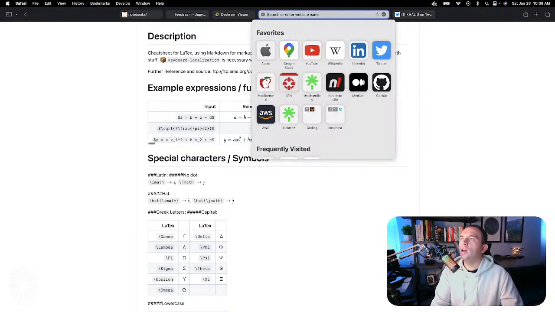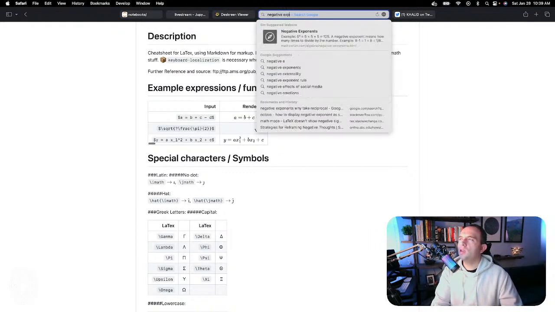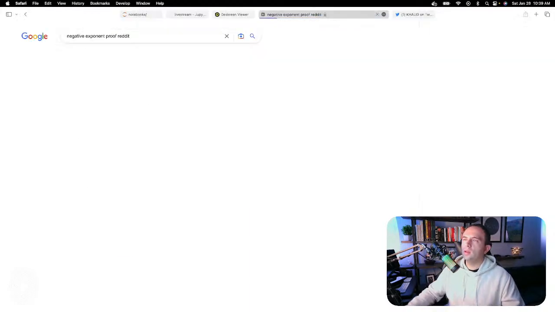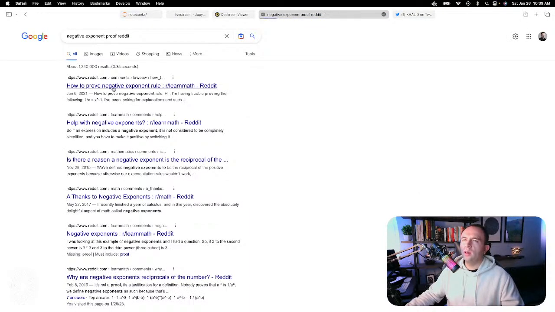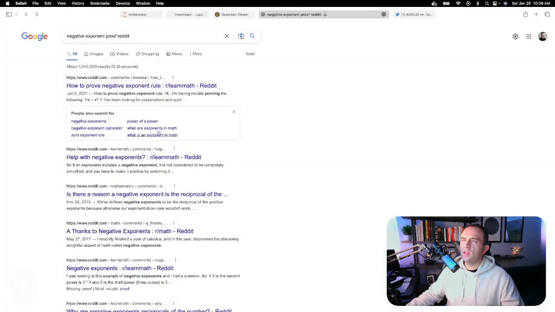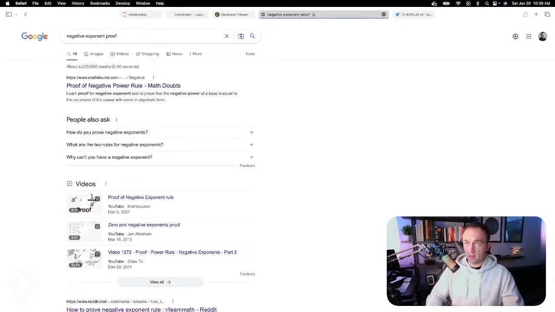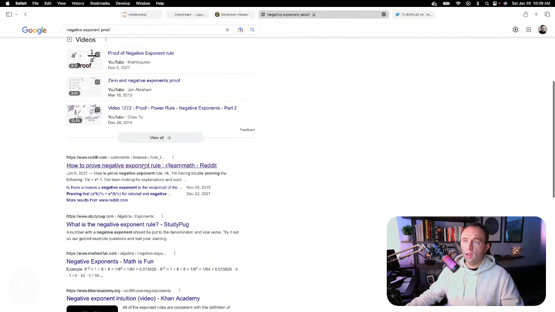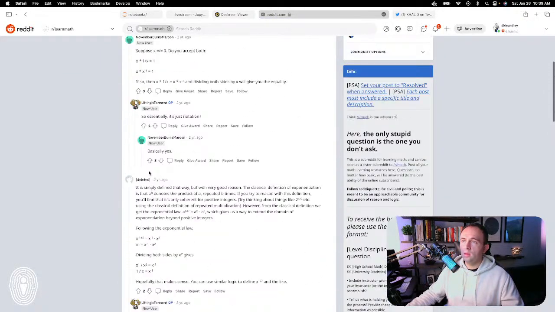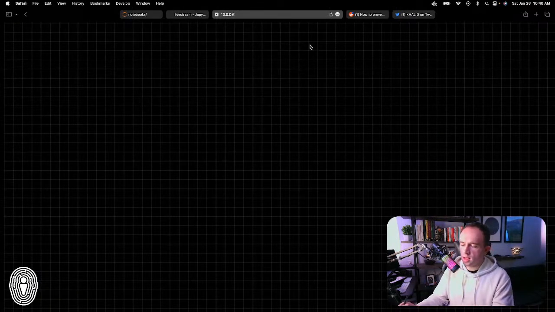So Reddit, negative exponent proof Reddit. Okay, hopefully I can find it. No, somebody else had a really good one. I don't think I Googled it necessarily like this before. Okay. Well, I think I could do this.